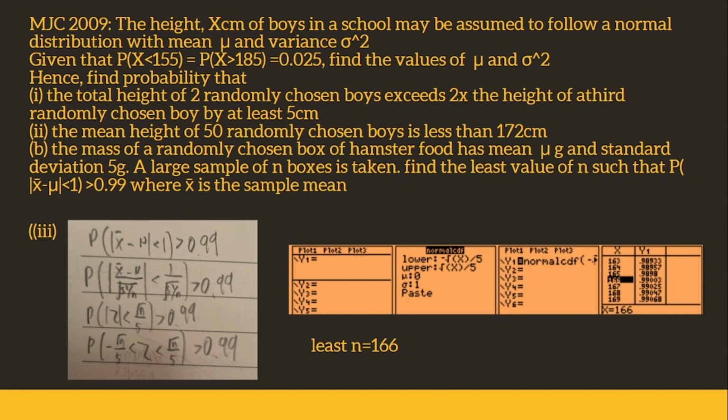To remove the modulus, it's the in-between of minus square root n over 5 and positive square root n over 5, greater than 0.99. Now we look into the GC. We put in our lower and upper limits as such, our mu as 0 and sigma as 1, because we already standardized the whole thing. Then we find that the least value of n is 166. So that's how we solve that part.